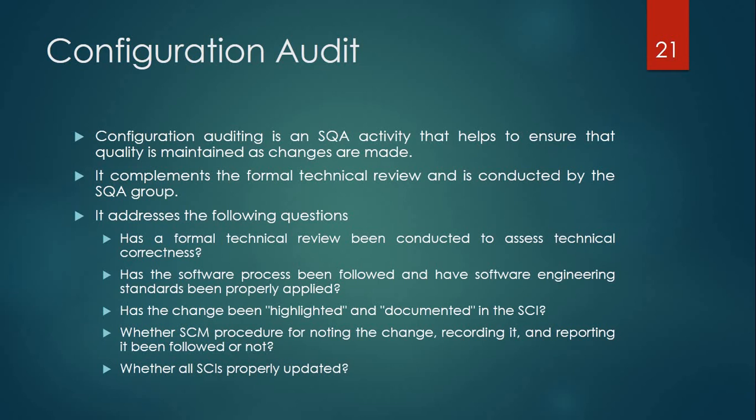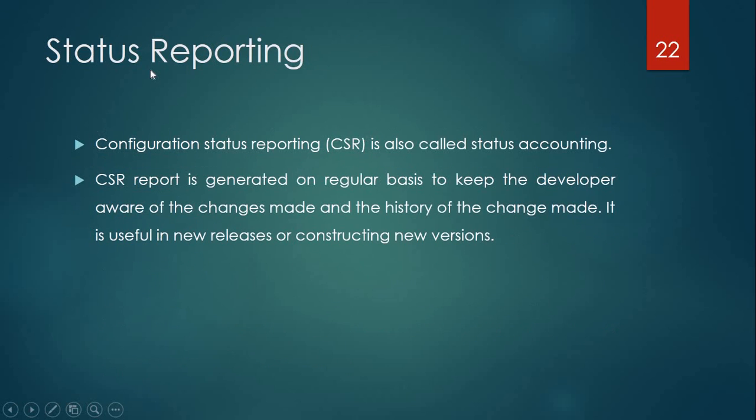Has the software process been followed and have software engineering standards been properly applied? Has the change been highlighted and documented in the SCIs? Has the SCM procedure for noting the change, recording it and reporting it been followed, and have all SCIs been properly updated? So these questions will be addressed for configuration audit.